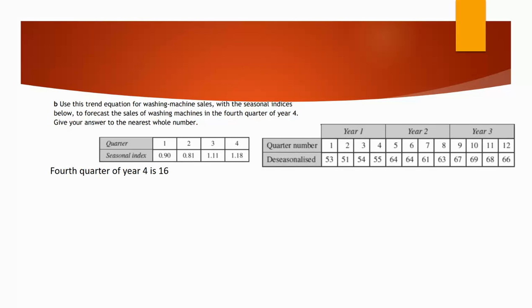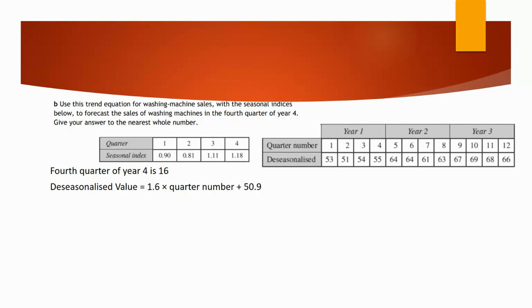So my question here is for the fourth quarter of year 4. For year 1, the quarters are 1, 2, 3, 4, and it continues for year 2 with 5, 6, 7, 8, followed by year 3, where the first quarter is 9, second quarter is 10, third quarter is 11 and fourth quarter is 12. Then for year 4, the first quarter will be 13, second quarter 14, third quarter 15 and fourth quarter 16.